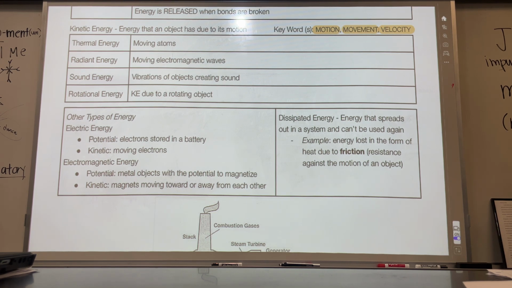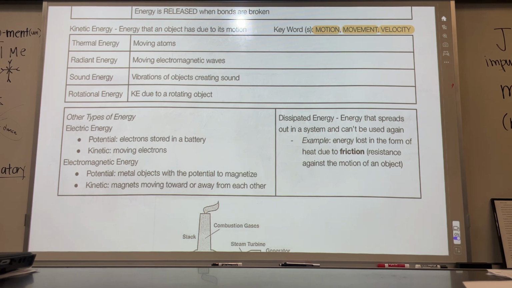And then once the object has been magnetized, magnets exert a magnetic field, and they attract or repel each other, which causes movement, okay? So that's why electric and electromagnetic energy have both versions. They have a potential version where something is just stored, nothing's happening yet, there's a potential to do something, versus a kinetic version where there's actually movement of electrons or movement of magnets toward each other or away.